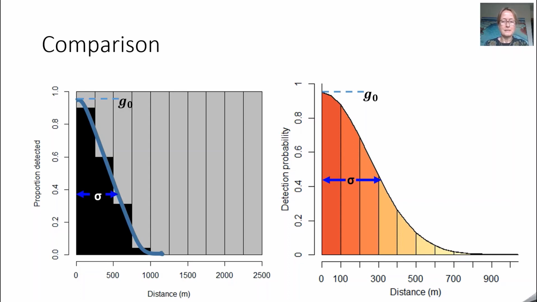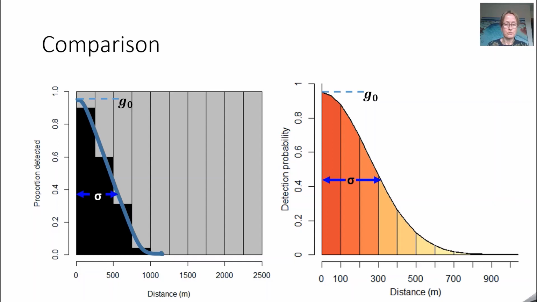So far we've pretended that we know how many calls each animal made, which was 10 in this example. In reality, we do not know this, of course. So using distance alone, we would not be able to get the proportions as shown on the left side here on this slide. And therefore, we would not be able to estimate the parameters G0 and sigma.